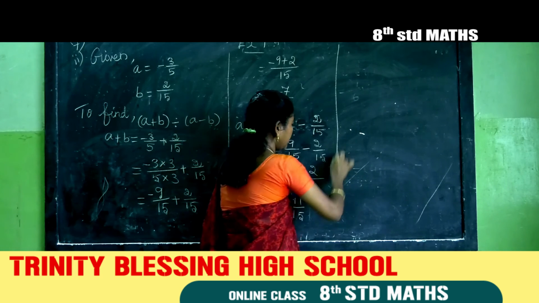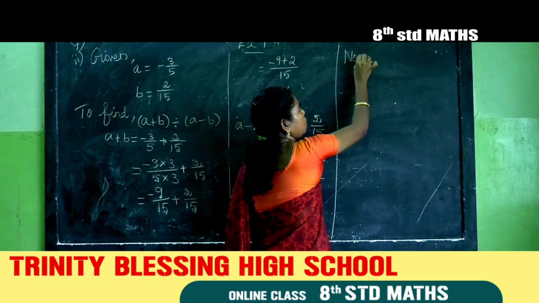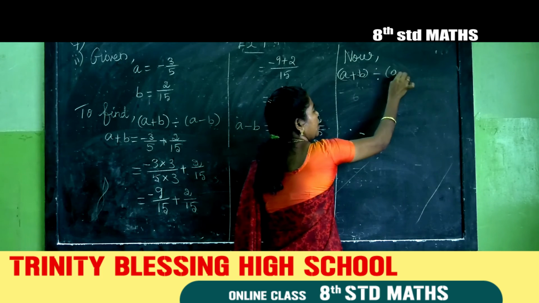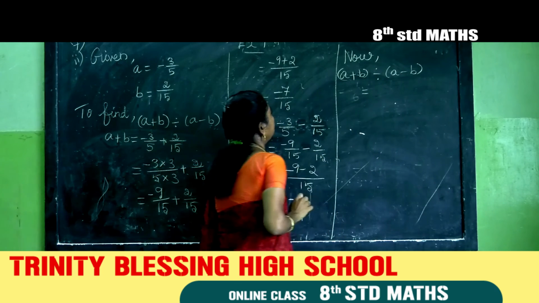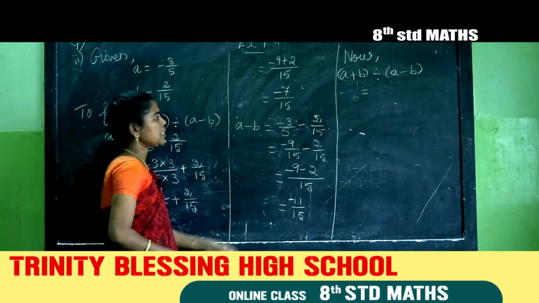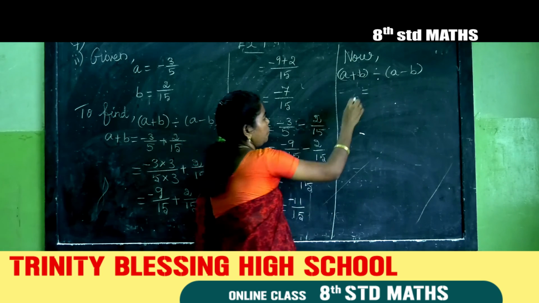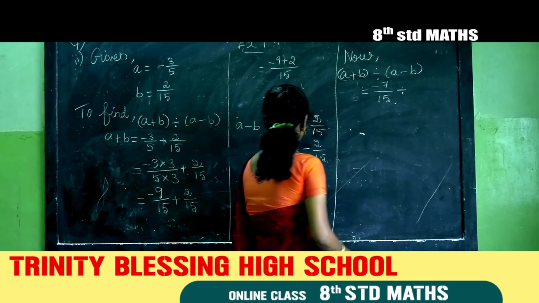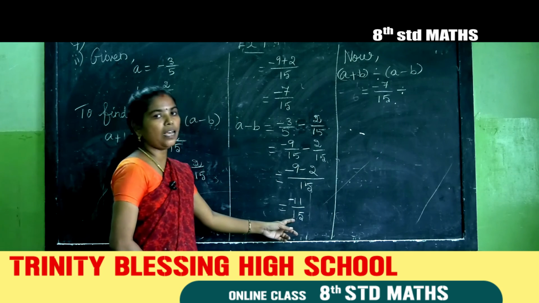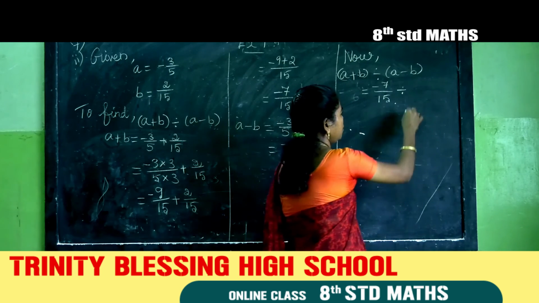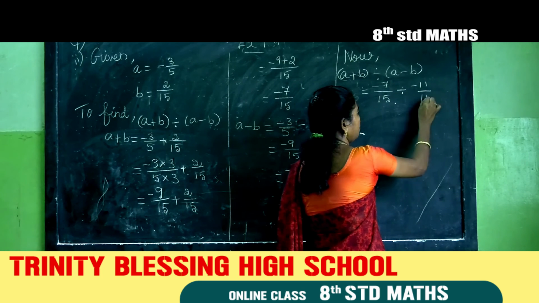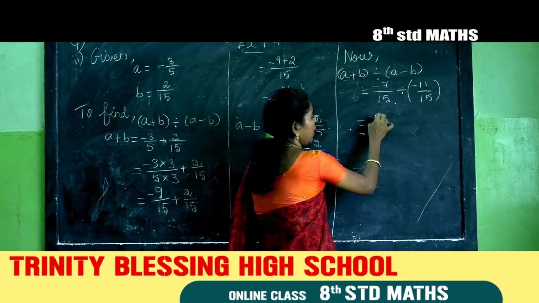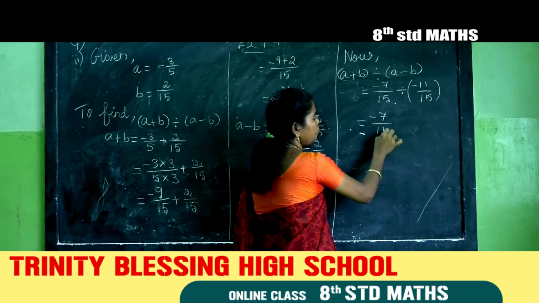Now we have to substitute. Now a plus b divided by a minus b equal to, the value of a plus b is minus 7 by 15, divided by a minus b, which is minus 11 by 15. Here the first one we should write minus 7 by 15.